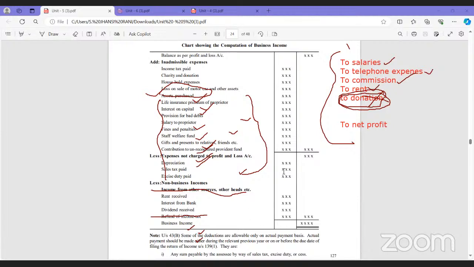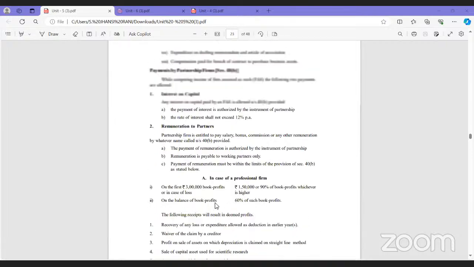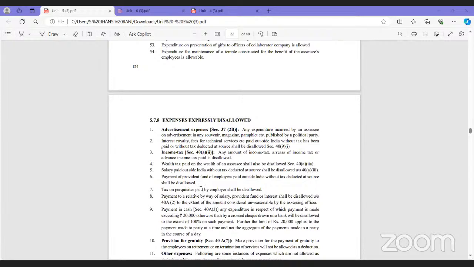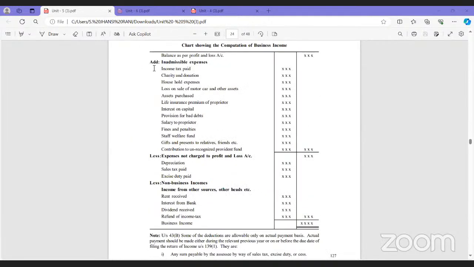Now, apart from this, we have some more points which you should understand before going to solve a problem. Expenses expressly disallowed. Just remember these points. This is the format.